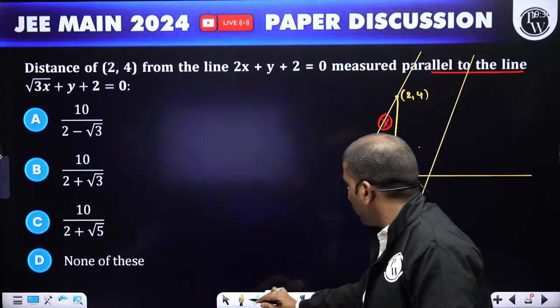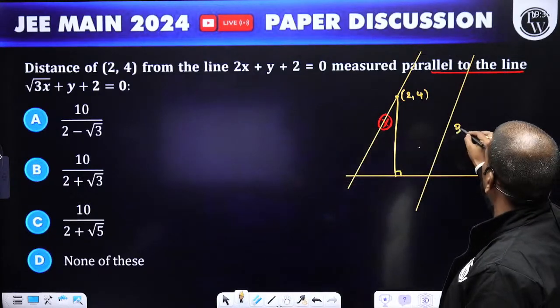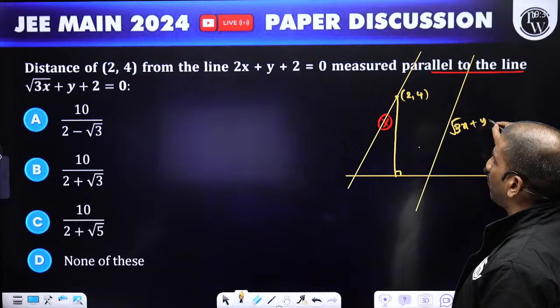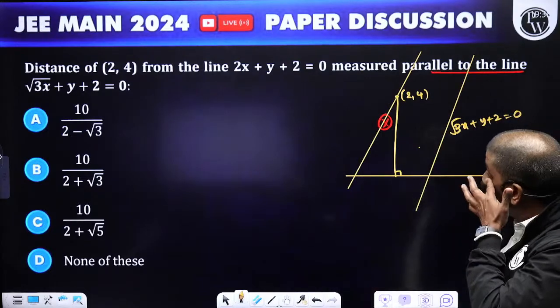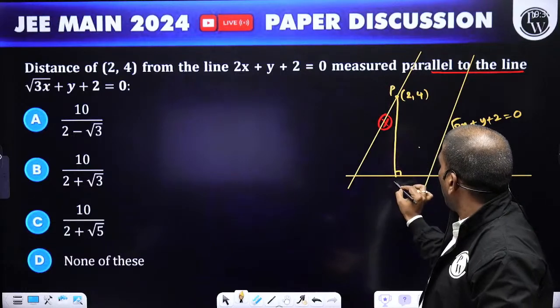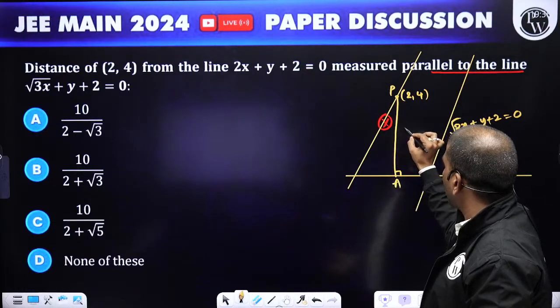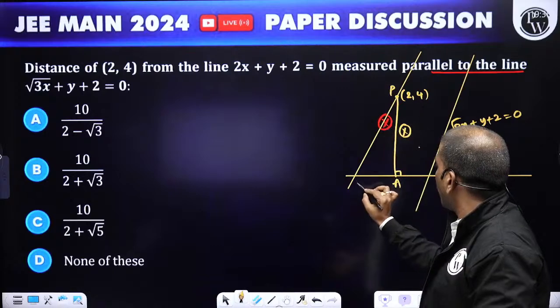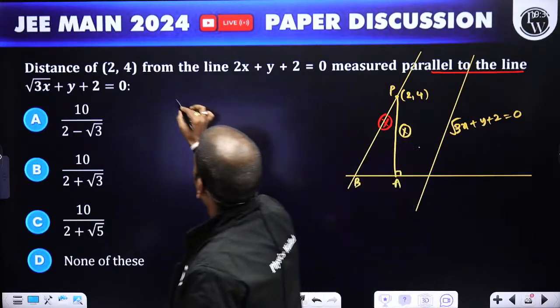So this is nothing but root 3x plus y plus 2 is equal to 0, right? So we want this length. So this is P and PA, we don't want PA. So PA is not required. So what we want? PB is required. This is parallel to the given line.